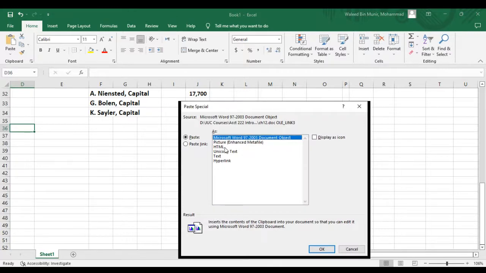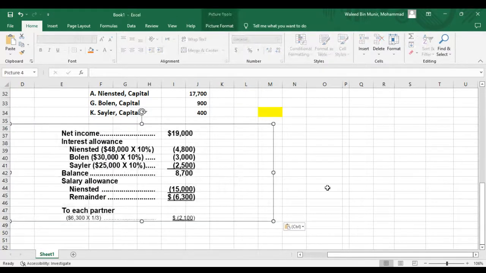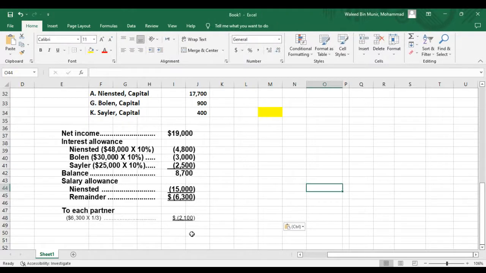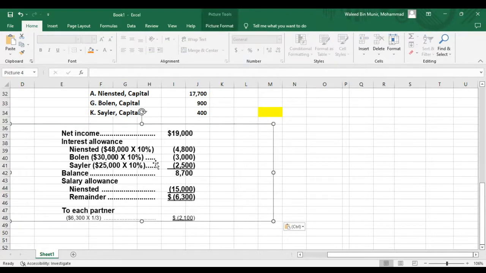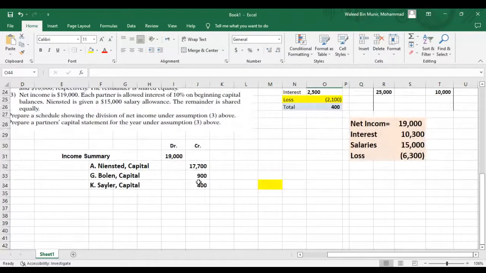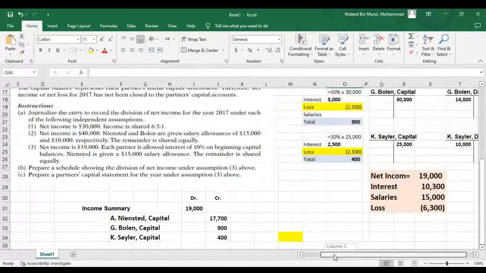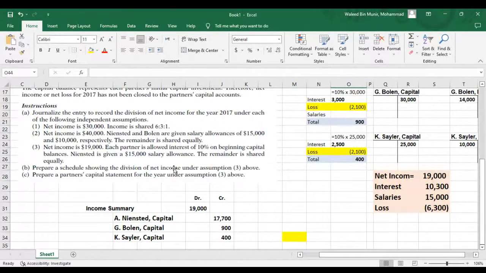I'm just trying to show you. Anyhow, the solution I will upload. This is the schedule, for example, like this one. Same thing, just as a calculation. Okay, it's clear now. Part number 3 is done.